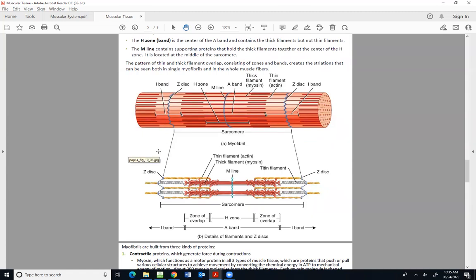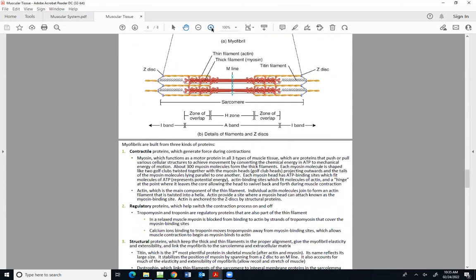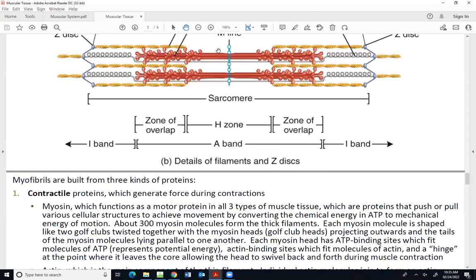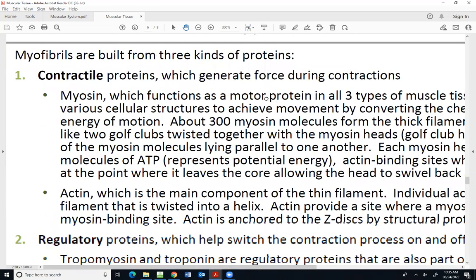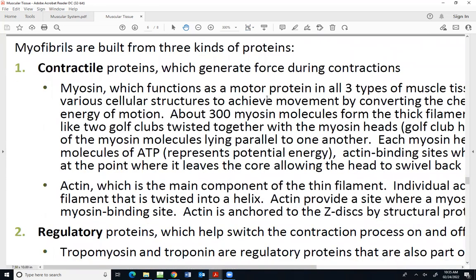Now, in parentheses behind the words thin filament, we see the terms myosin, actin. There's another filament I haven't mentioned called titin. Those are proteins, and we're going to talk about these proteins right now. There are three types of proteins that help form and build our myofibrils.